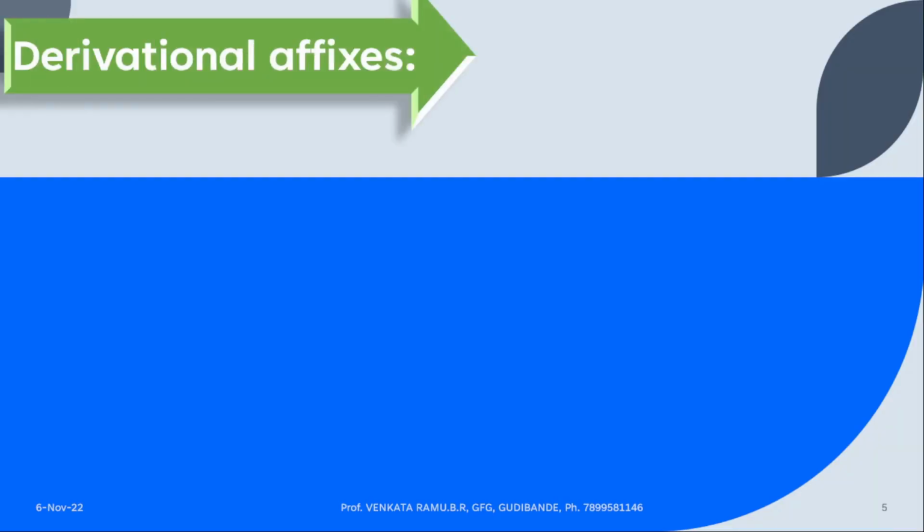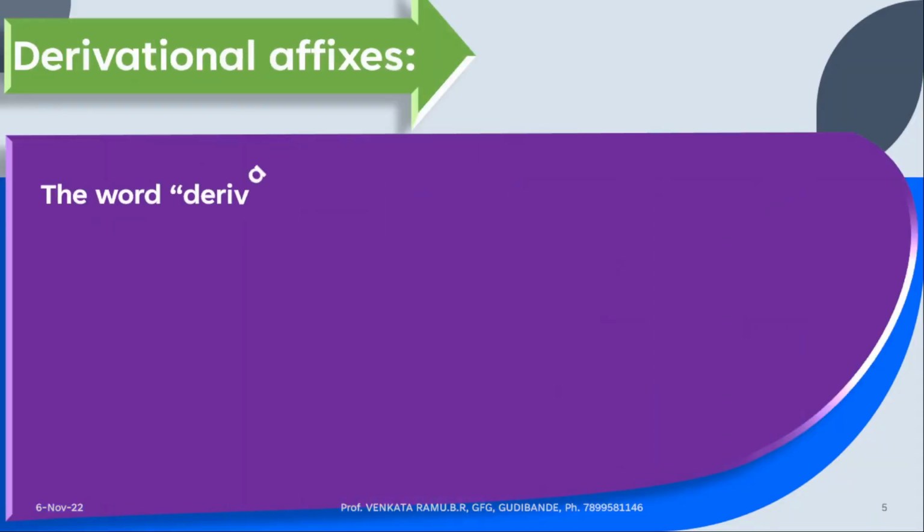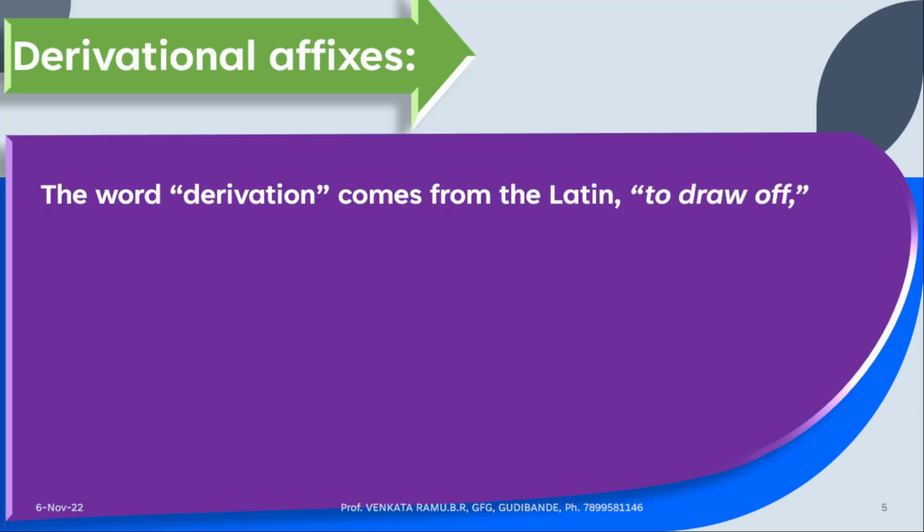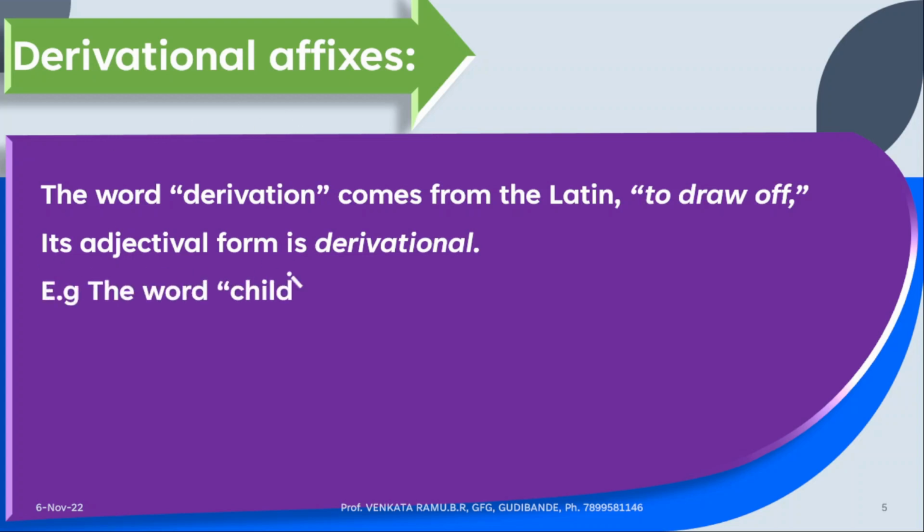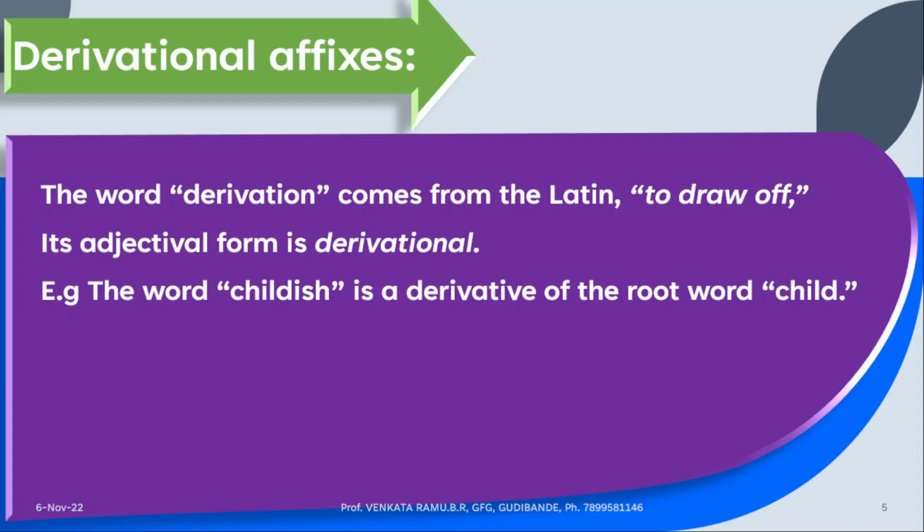Now let's know what is derivational affixes. The word derivation comes from the Latin term to draw off, and the adjective form of this word is derivational. Let us know some example. The word childish is a derivative form of root word child.